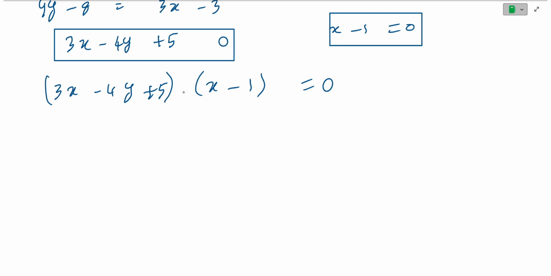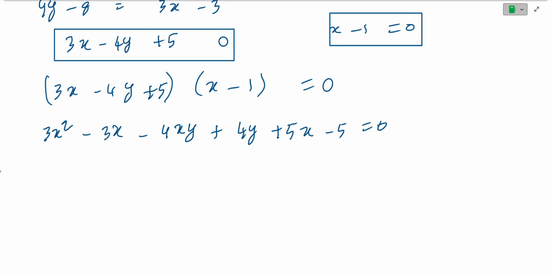Let me simplify this. 3x into x is 3x². 3x into minus 1 is minus 3x. Minus 4y into x is minus 4xy. Minus into minus gives plus 4y into 1, that is 4y. 5 into x is 5x, and 5 into minus 1 is minus 5, equal to 0.